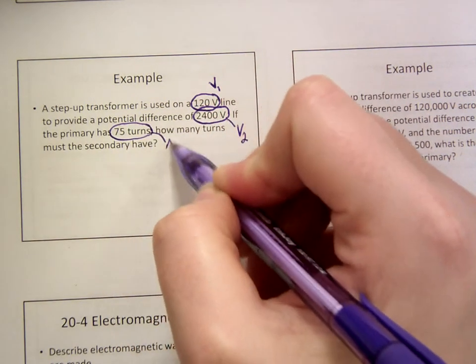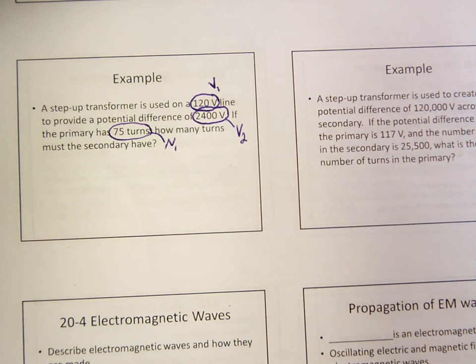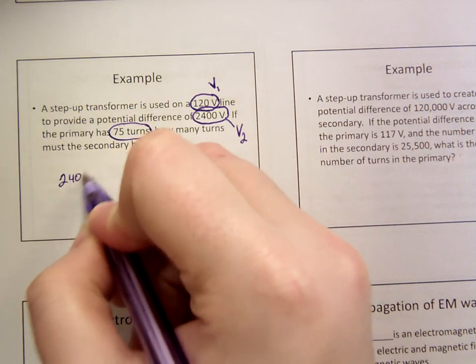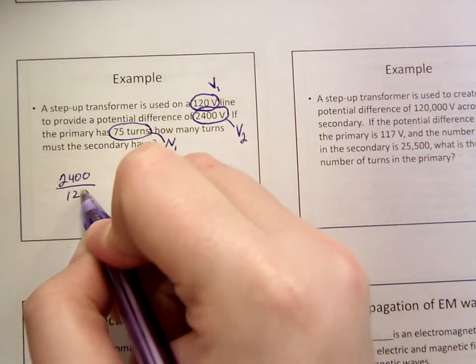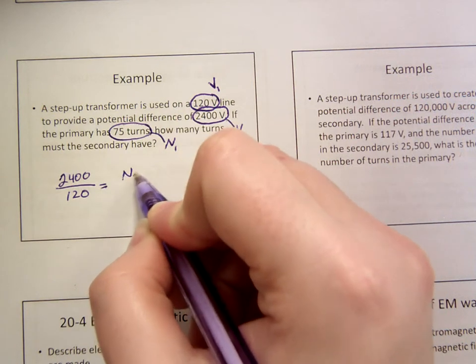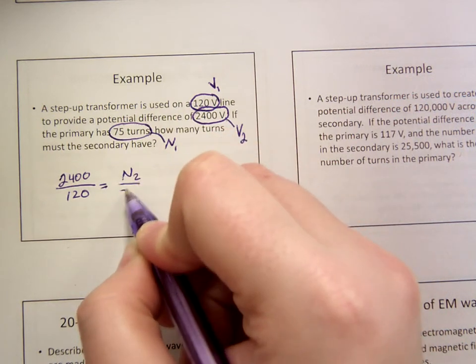That's N1. What we're looking for is the number of turns the secondary has, so we want N2. So plug it into the formula. V2, 2400, over V1, 120, equals N2, which we don't know right now, over N1.